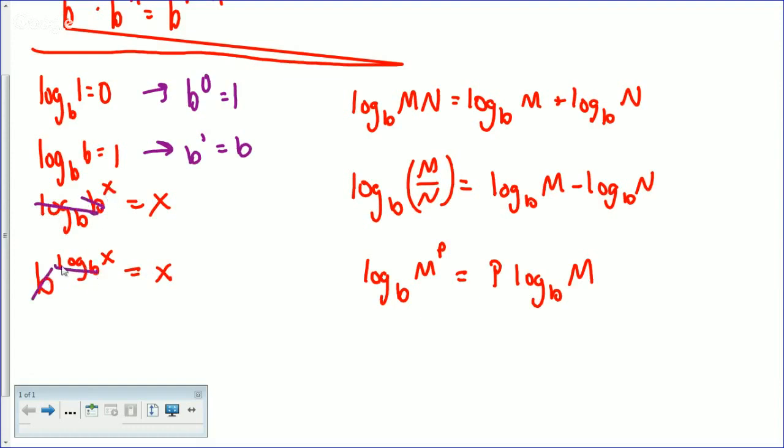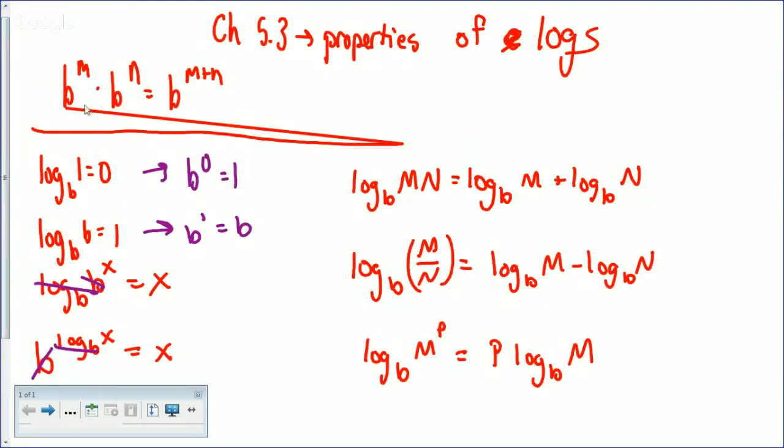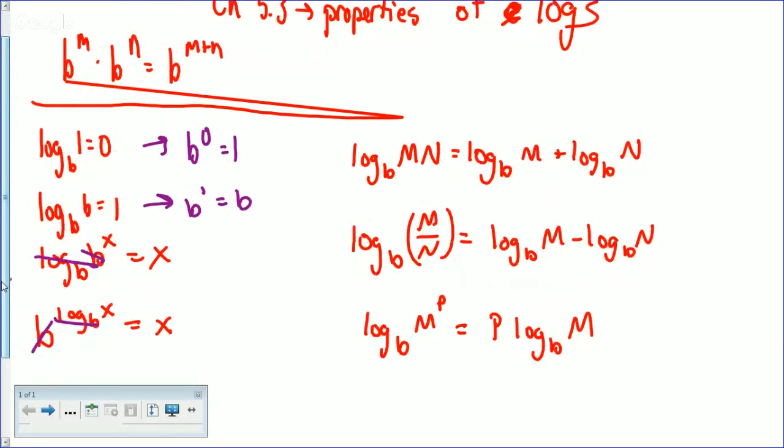Same thing with those. These go back to this one up here, where you have multiplication, same base, so we're going to split them up and add them back to each other.